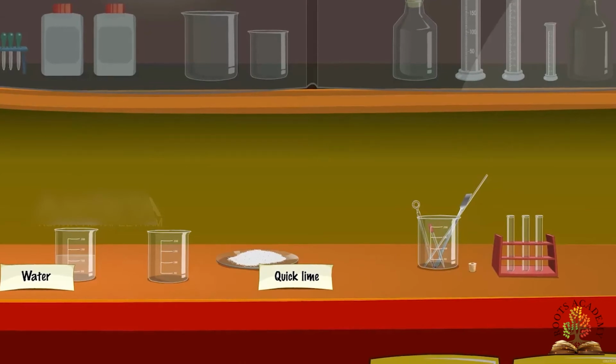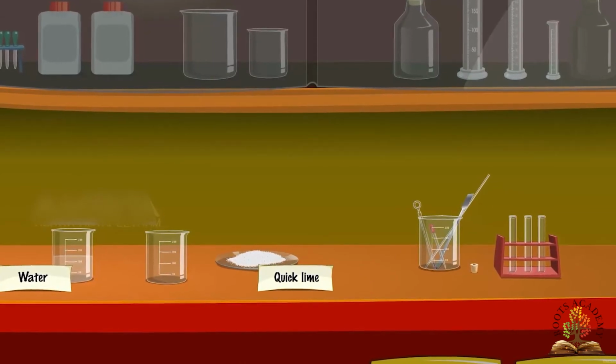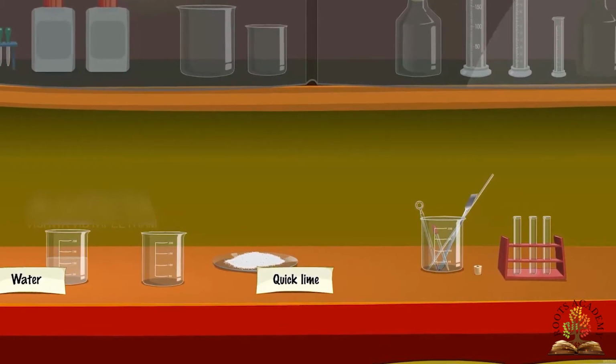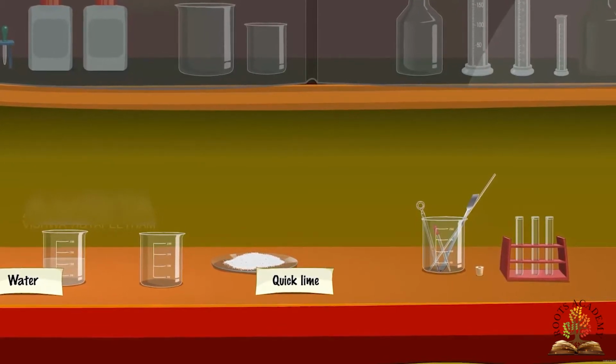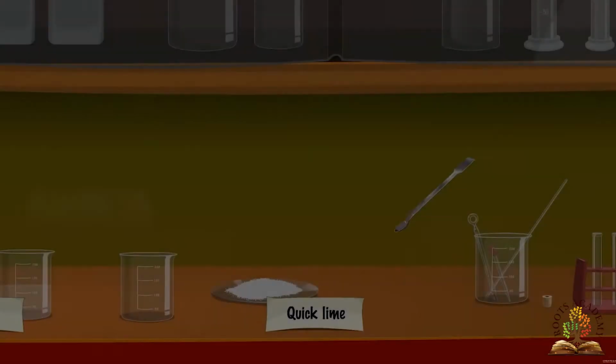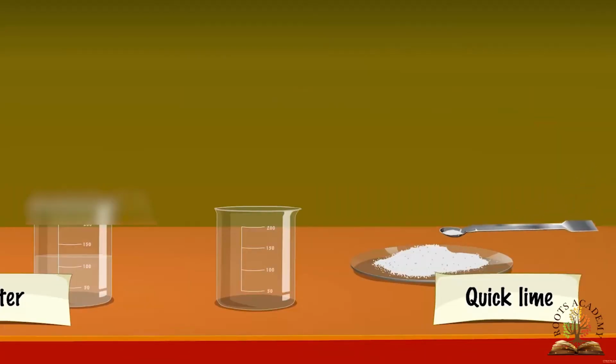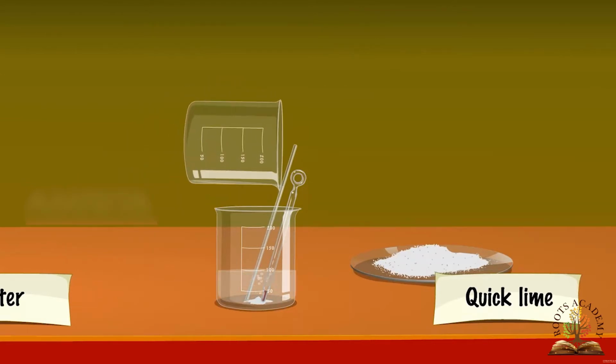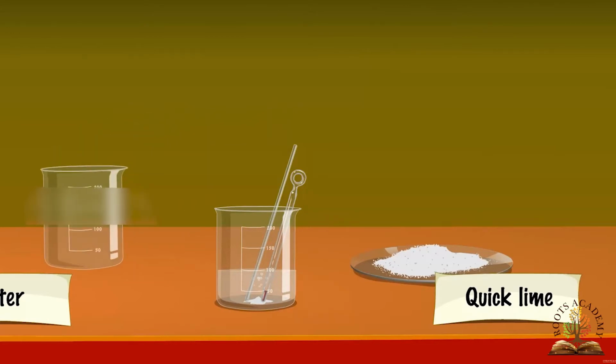We'll require quicklime, distilled water, beakers, spatula, glass rod, test tube, dropper, and lime water. Take a small quantity of quicklime using a spatula and transfer it into a beaker. Slowly add water into the beaker so that quicklime remains submerged in the water.